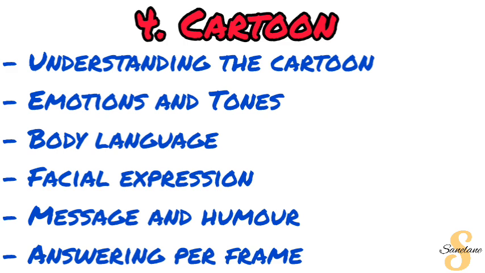Because sometimes a cartoon, usually it's humorous, but it can still have a serious message that is attached to it. And also, once again, a cartoon is answered in different ways. It can also be answered in reference, meaning that there are some questions that will require you to look at the whole cartoon as a whole, and some questions that will need you to just refer to particular frames.